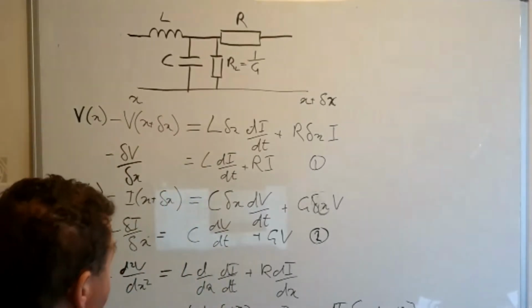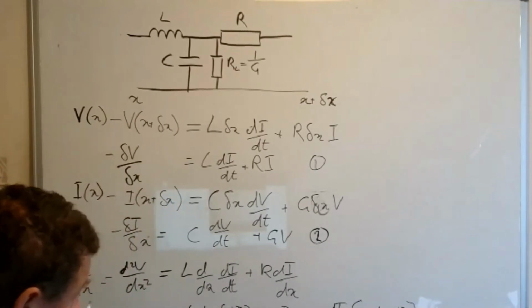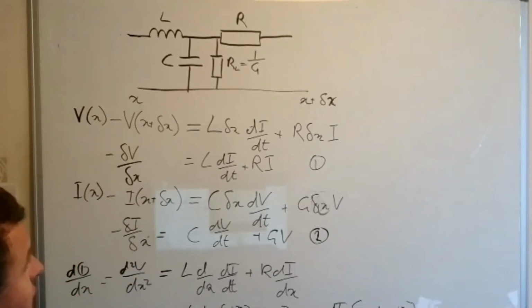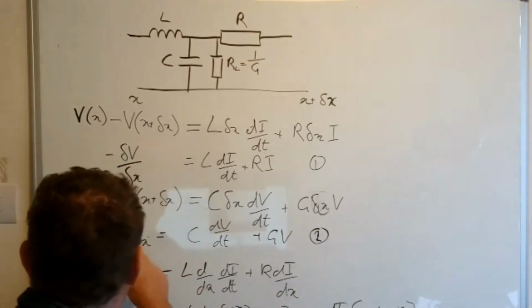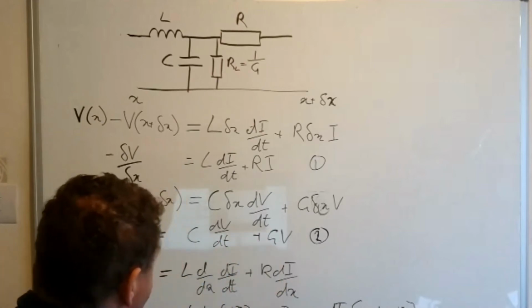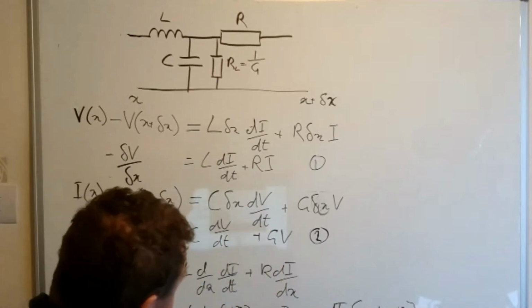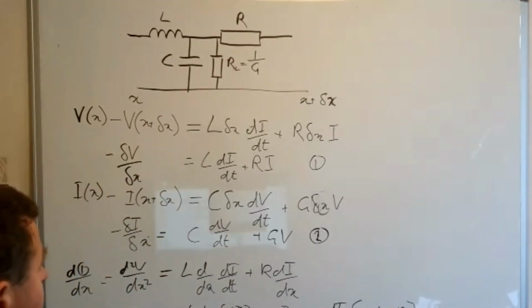And now what we can do is substitute in from equation 2. So we're going to take our second equation and put in these values. And what we'll find is we've eliminated the current from this equation.